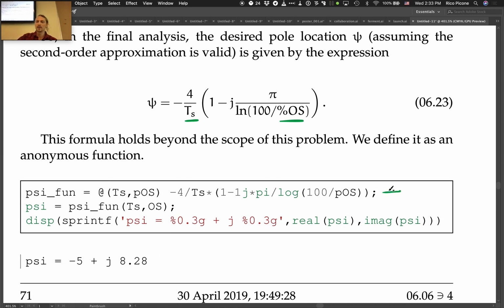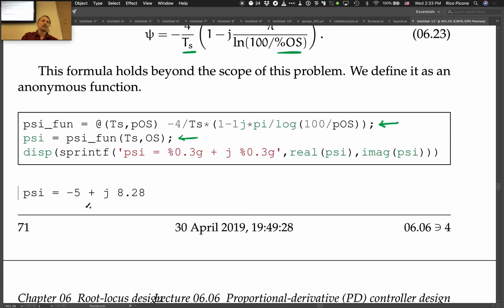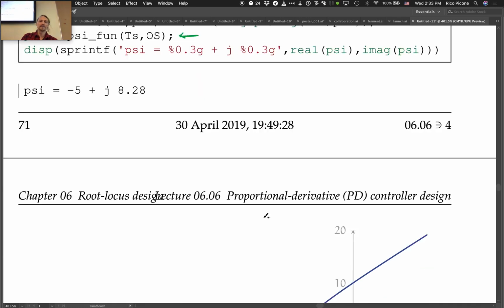This is just equation 6.23 written in MATLAB anonymous function form. And then we evaluate the function for the specs that we were given, and it tells us that our psi, our desired closed loop pole location, is -5 plus j8.28. Cool, right? That's where we want to be.